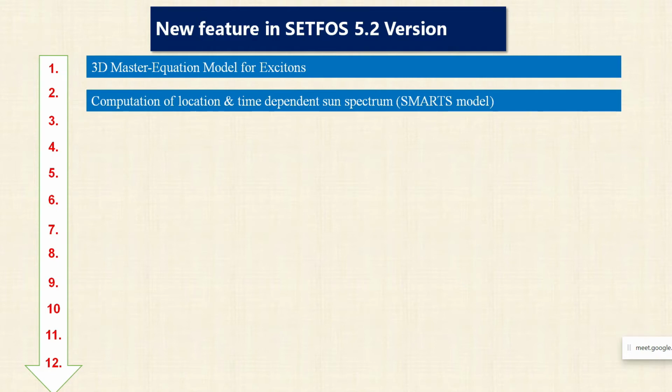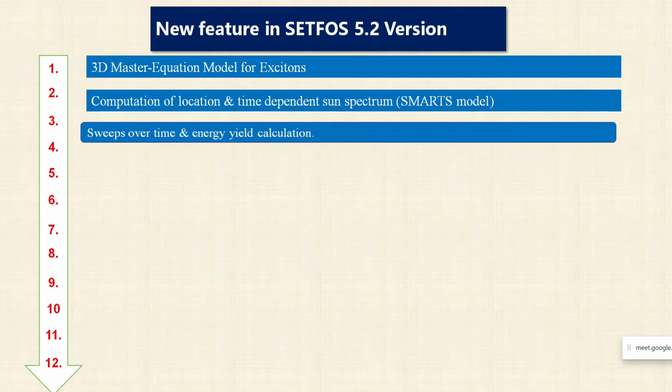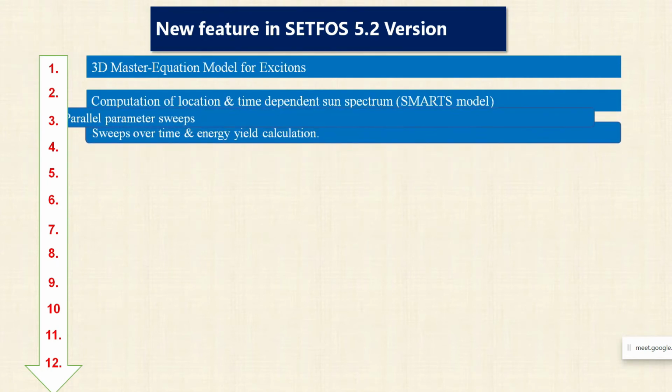So under realistic conditions, at your particular location, how much light the solar cell will absorb. There you define the latitude, longitude, angle, azimuth, and geographic location, and you can find the realistic absorption or quantum efficiency, sweeping over time, and energy yield calculations.